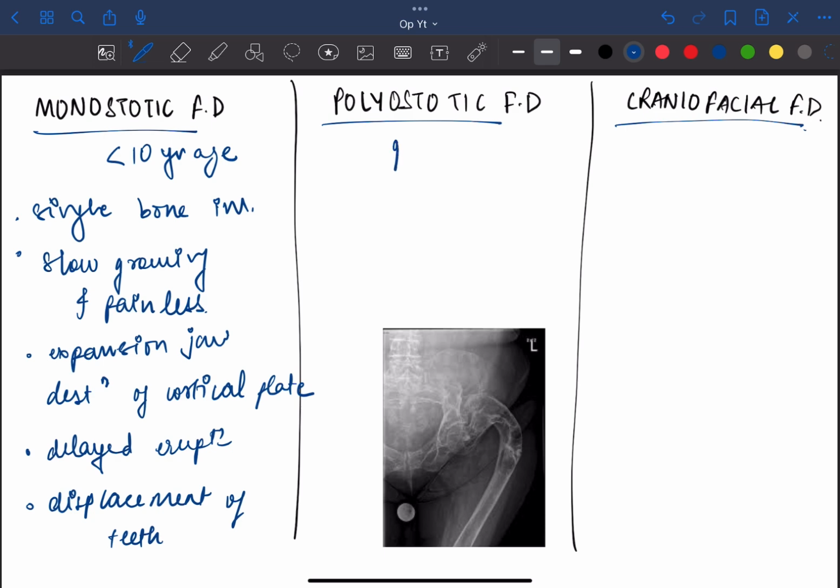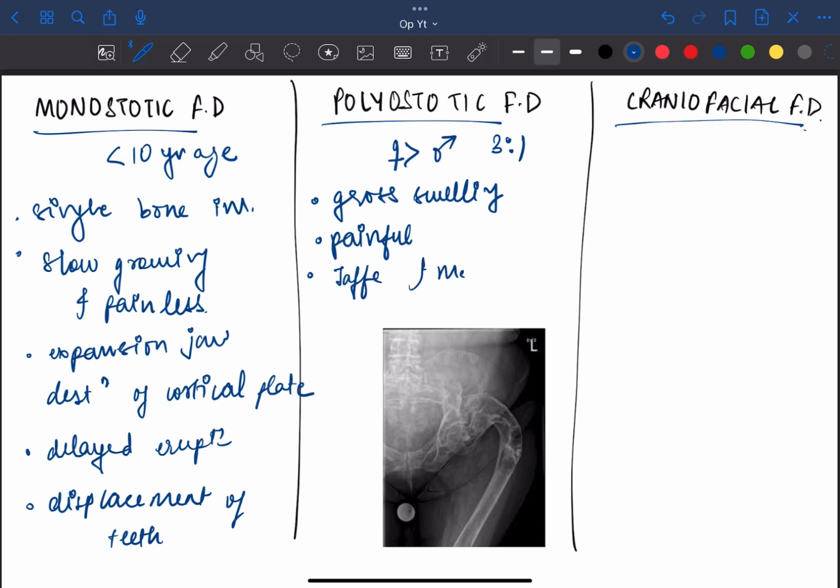The polyostotic type is found more commonly in females and the ratio is 3:1. There is gross swelling. It is painful. And we have already studied the two types, the Jaffe and McCune type. We can see Shepherd's crook deformity.